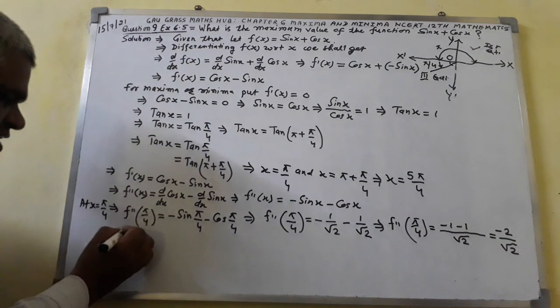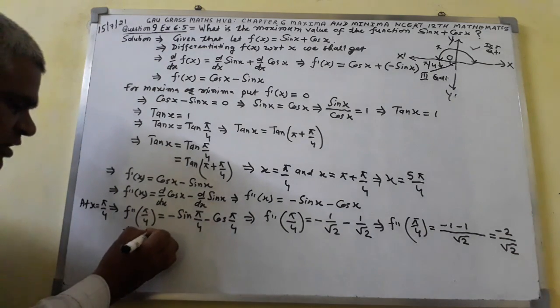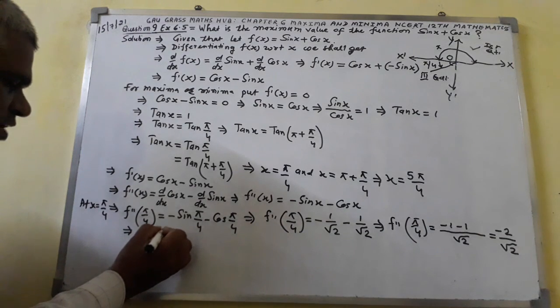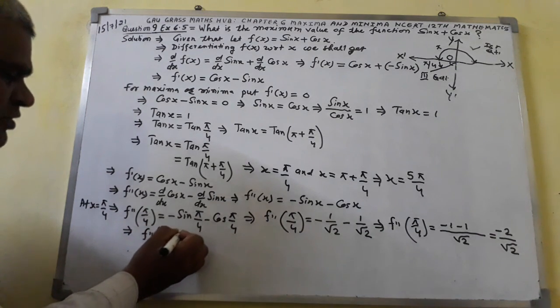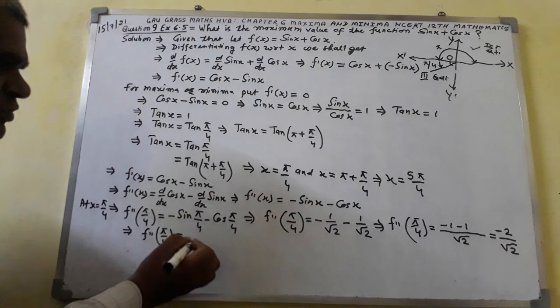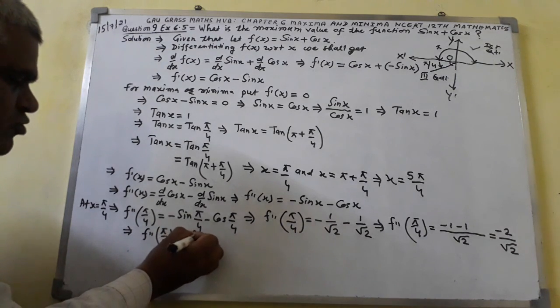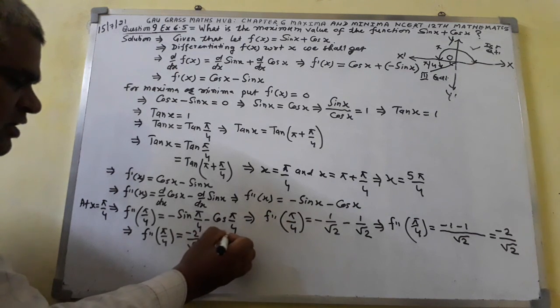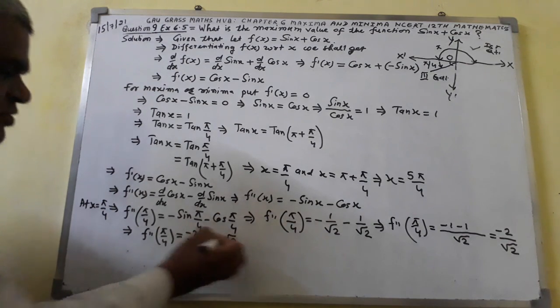Here again I shall write, f double dash of pi by 4 is equal to minus 2 over under root 2 is equal to minus under root 2.